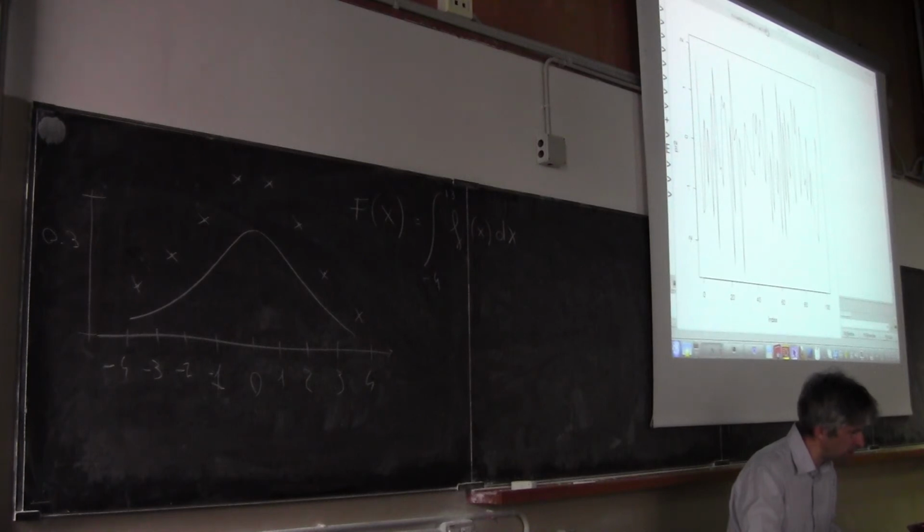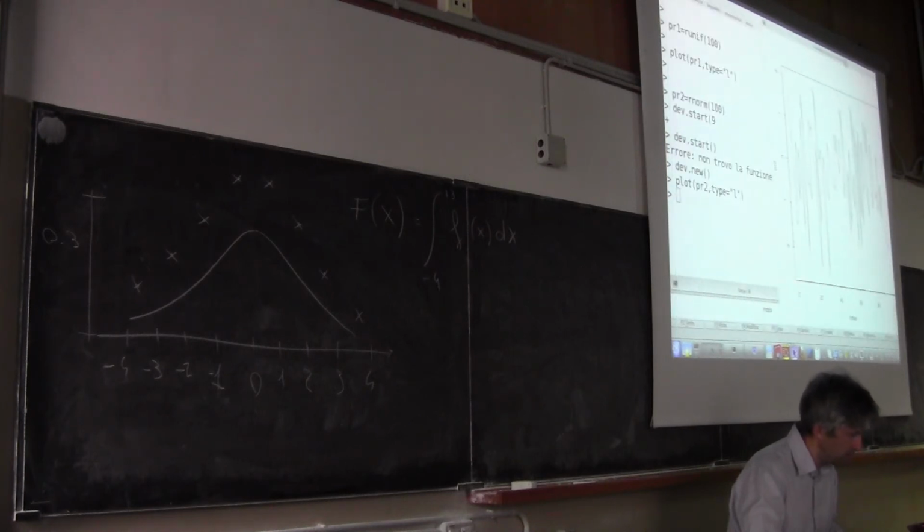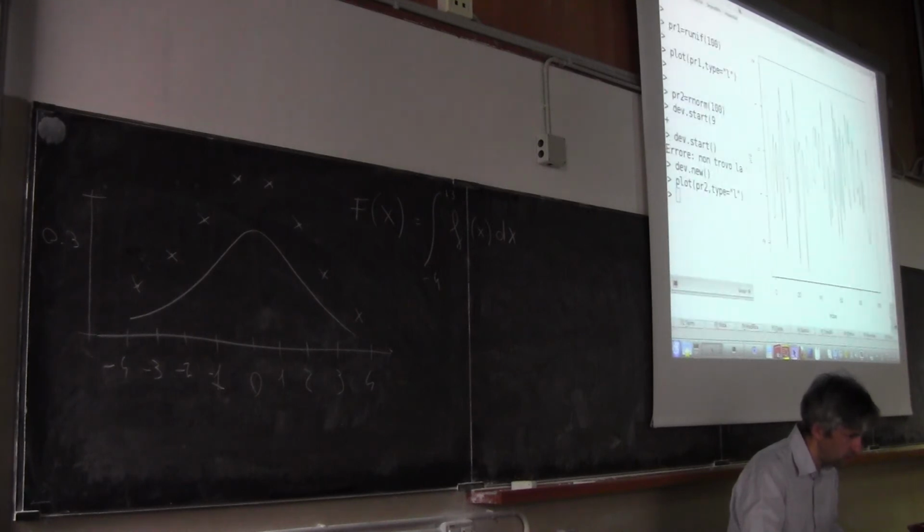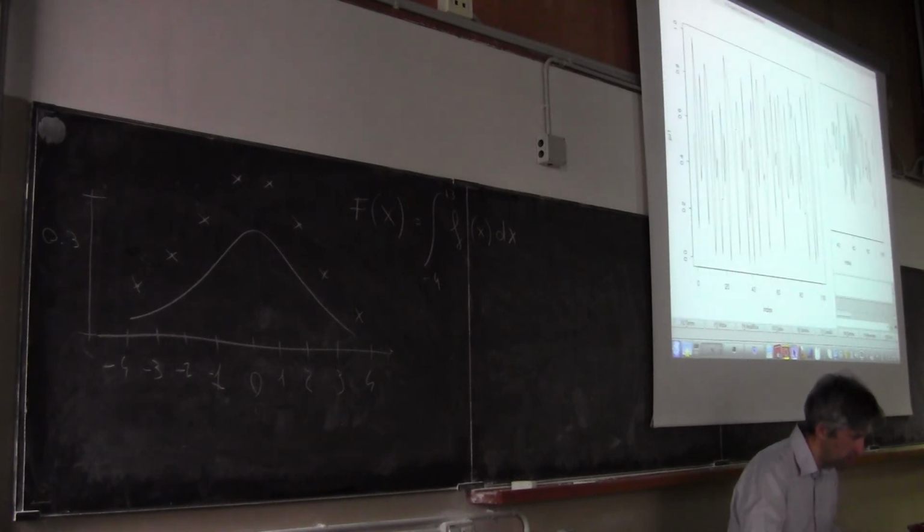It's not easy to compare them because the scale is different, but let me try to do that. I have to shrink the window. Let me put it here. And let me get back to the previous one. Let me shrink it.